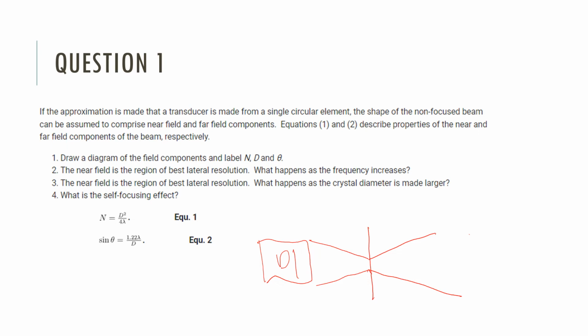N would be our near field length. So that's the equation we looked at before. So N is this value here. And theta, like we said, is if we took values of a straight line coming out of the transducer, the angle of divergence will be our theta value.